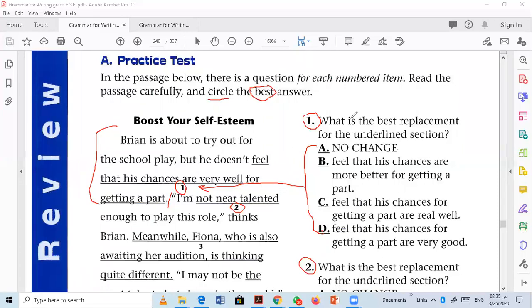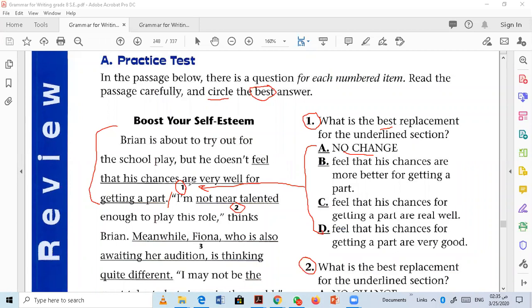Let's go to the questions. What is the best replacement for the underlined section? The underlined section here says what? Feel that his chances are very well for getting a part. Let's compare this underlined part to all of these choices. A, No change.